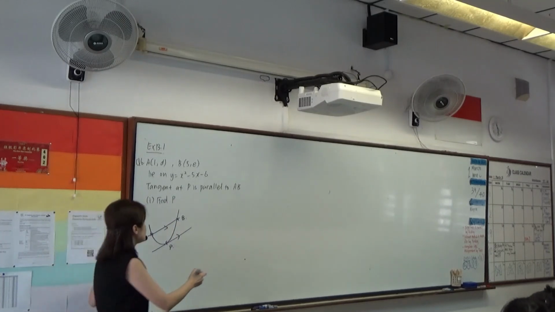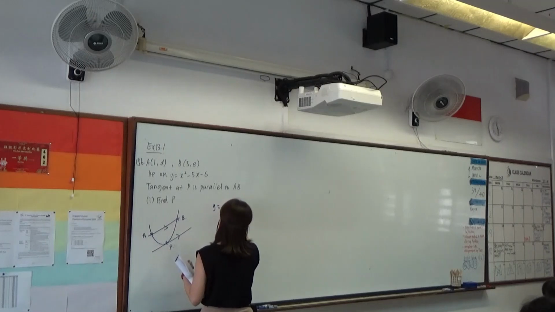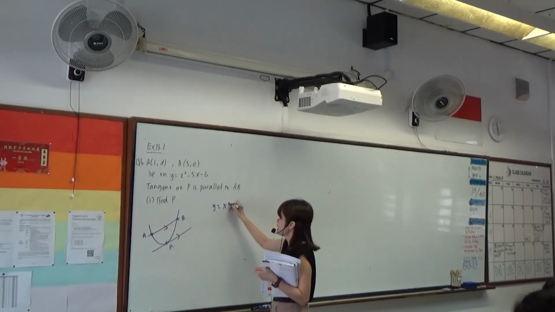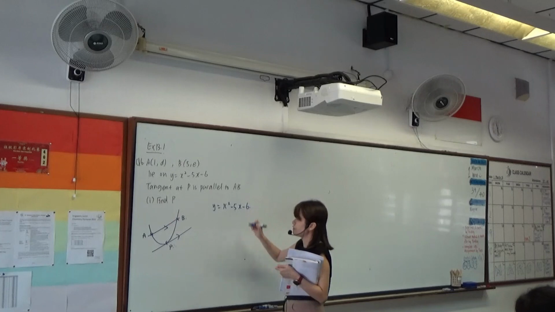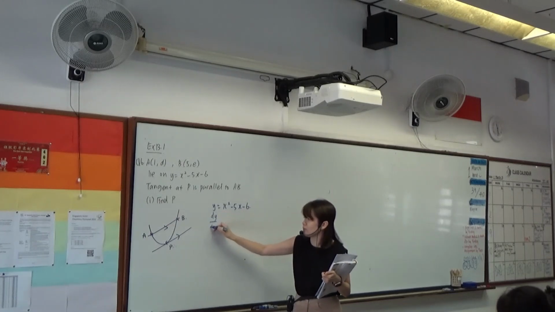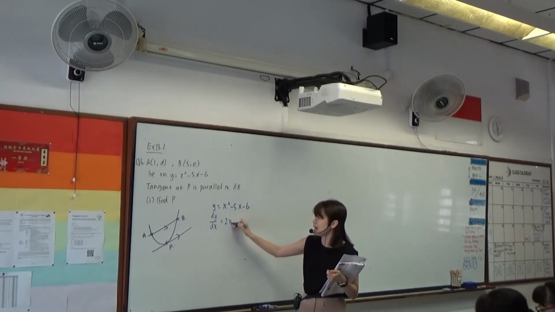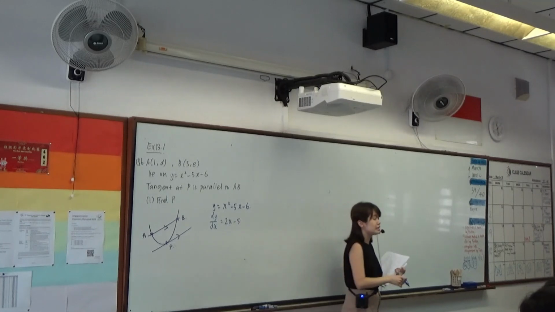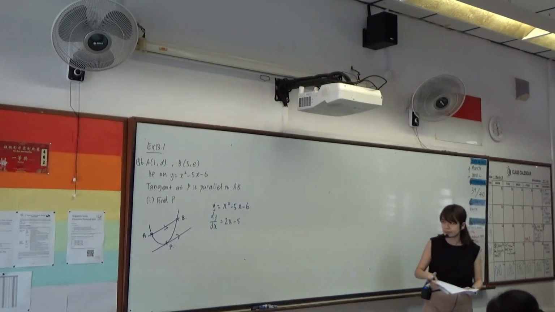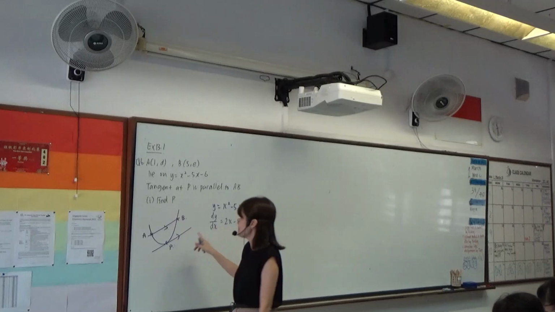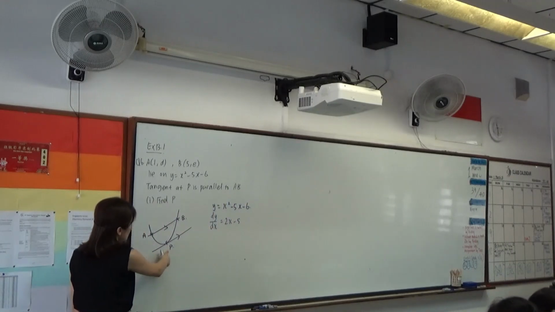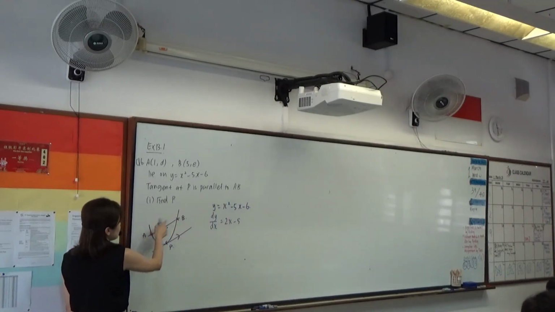So what we will first do is take into consideration the equation of the curve, find out what is dy over dx. That will give us the generic gradient of all the tangents. But the specific one that is at P will have to be equal to the gradient of AB.